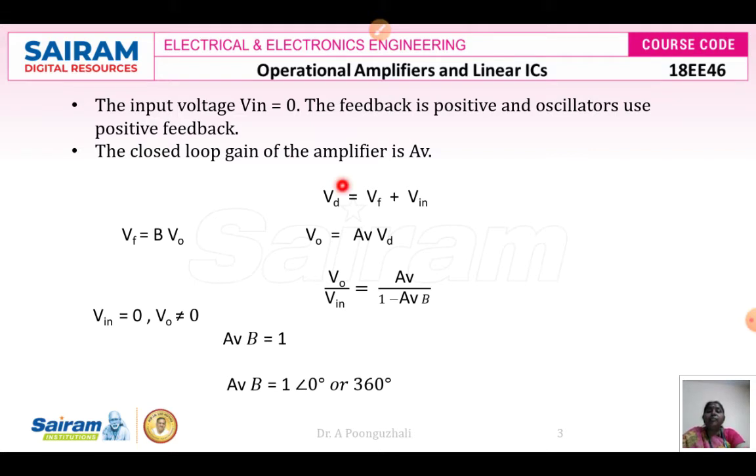VD equals Vf plus Vin, where Vf is the output of the feedback circuit. The gain of the feedback circuit is B and the input to the feedback circuit is V0, so Vf equals B into V0. For the forward circuit, AV is the closed loop gain of the amplifier, so V0 equals AV into VD.